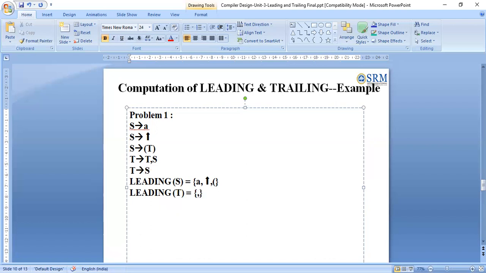Over. This is as per rule 1. As per rule 2, leading of T equals leading of T, and here you have leading of S.